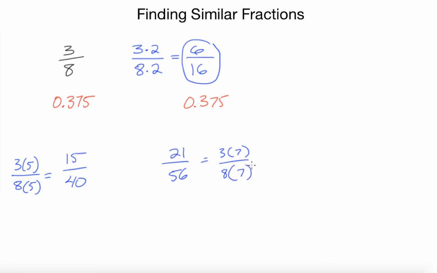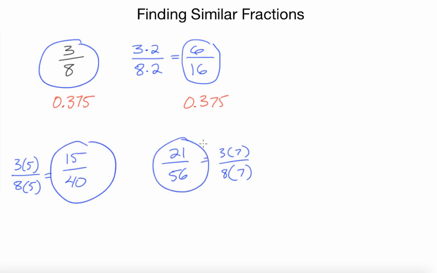So hopefully you get the idea. As long as I'm multiplying the top and bottom by the same thing, I can make any other fraction I want. 3/8, 15/40, 21/56, those are all the same fraction, just written out differently with different numerators and denominators.